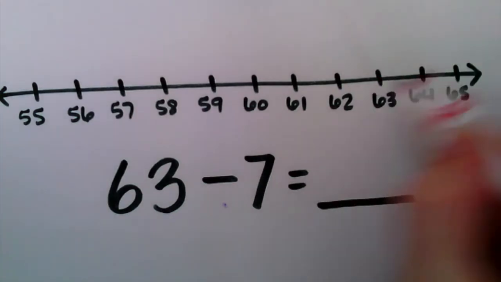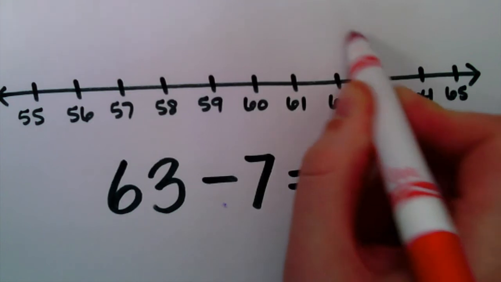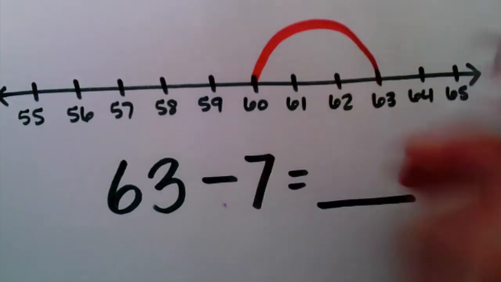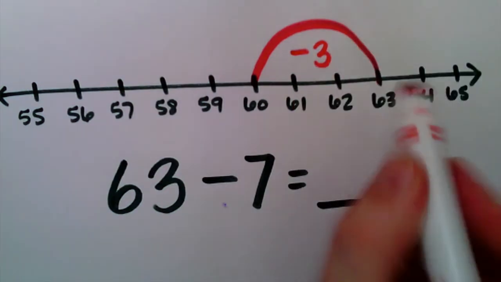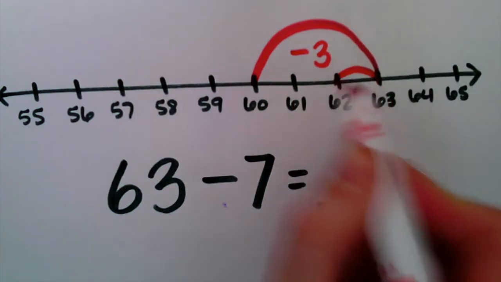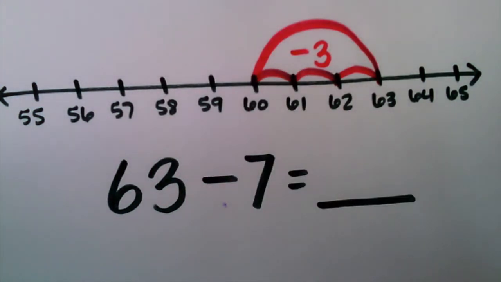So let's do that up here on the number line. I'm going to go 63, big jump all the way to 60. And I'm going to label this as minus 3 because I took away 1, 2, 3 ones to get to 60.